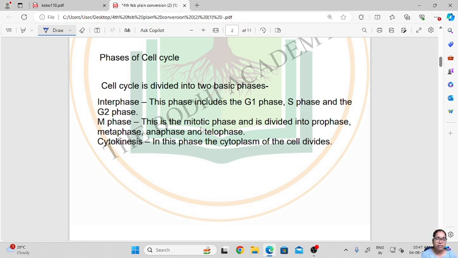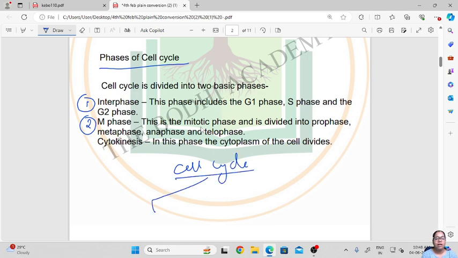The cell cycle is divided into two basic phases: interphase and the M phase or mitotic phase, and cytokinesis comes under the M phase.